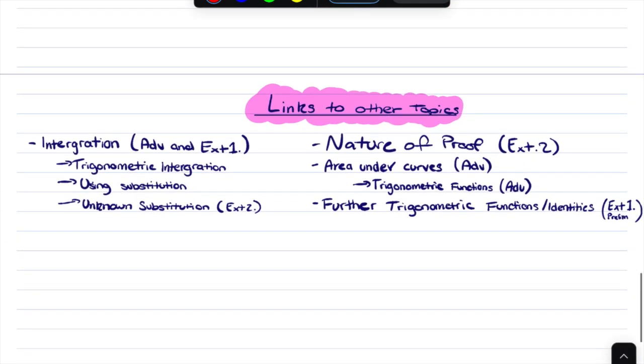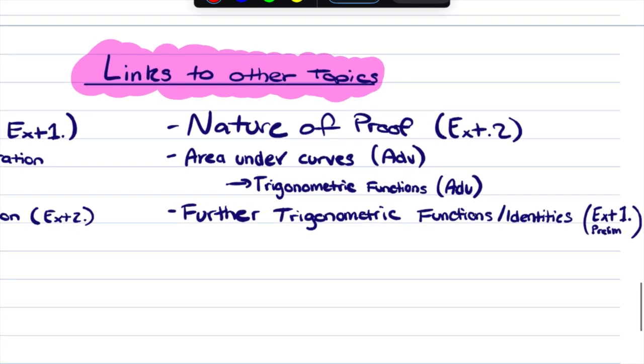We can see that we're also used to recognize the area under curves. That is particularly prevalent with integration within the Advanced course, particularly with trigonometric functions in this case. We are also asked to use further integration functions and identities from the Extension 1 prelim course.